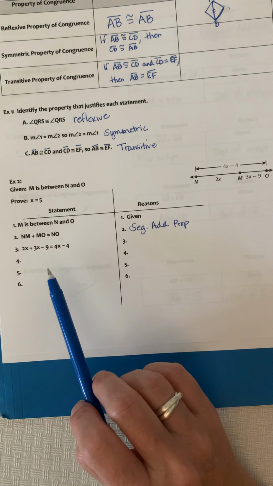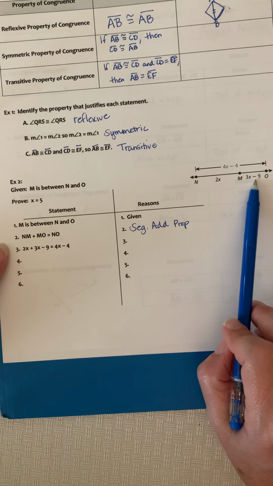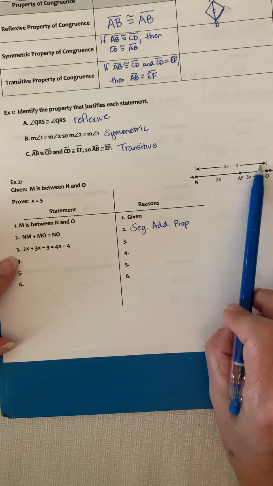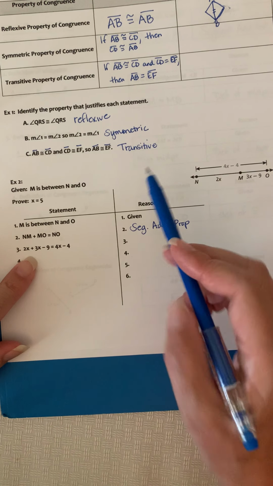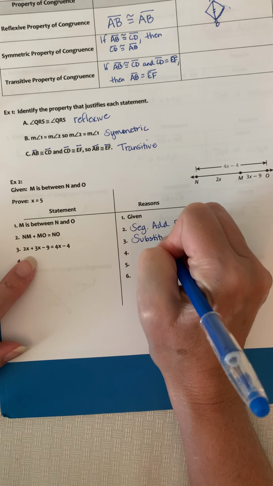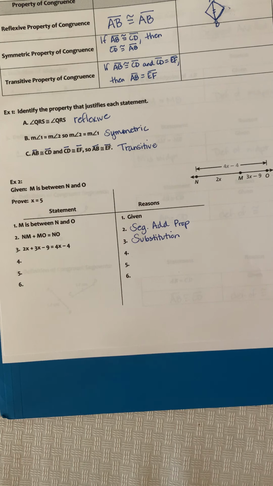And therefore, if I have this 2x plus this length, 3x minus 9, is equal to the whole thing, I have just substituted in there. Substitution and subtraction I like to spell out, because if you don't spell them all out, obviously you can't put SUB for both of them because that doesn't tell you if it's subtraction or substitution.